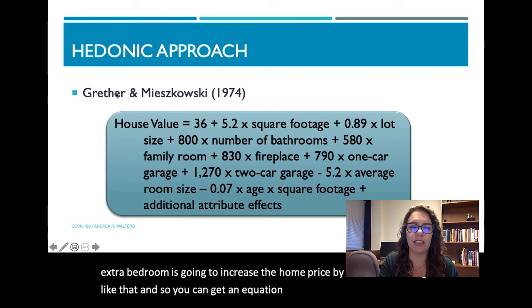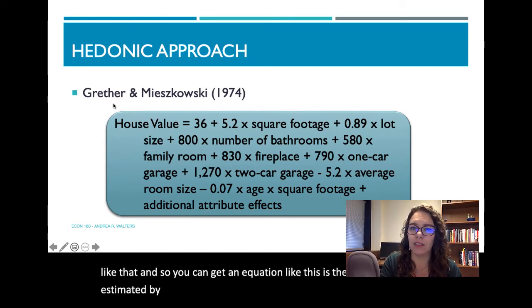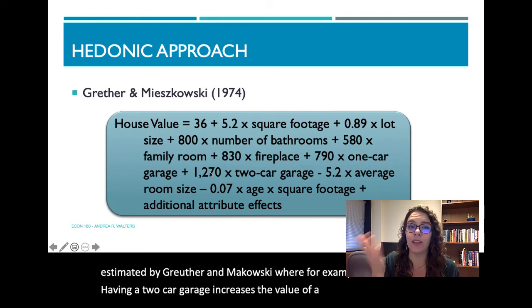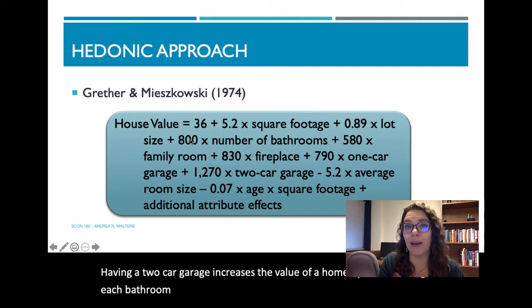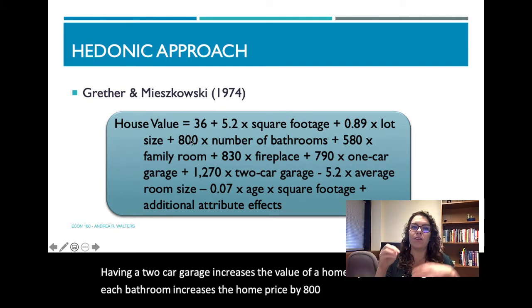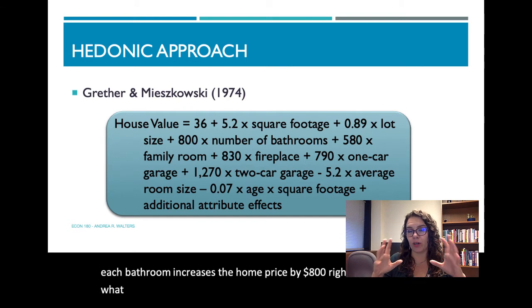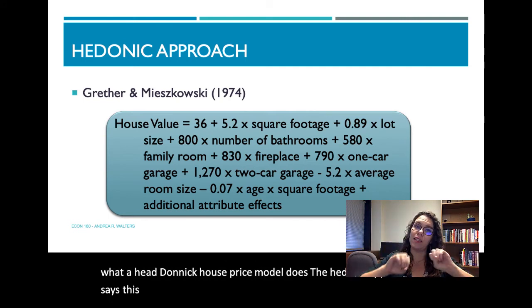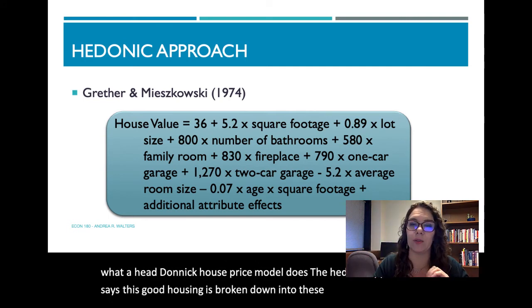This is the one estimated by Grother and Mazowski, where, for example, having a 2-car garage increases the value of a home by $1,270. Having each bathroom increases the home price by $800, right? That's what a hedonic house price model does. The hedonic approach says this good, housing, is broken down into these attributes that all have different values.